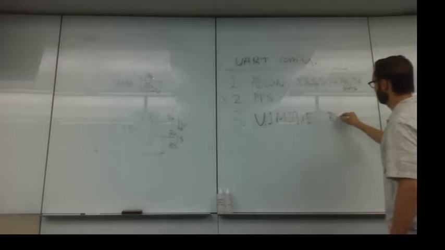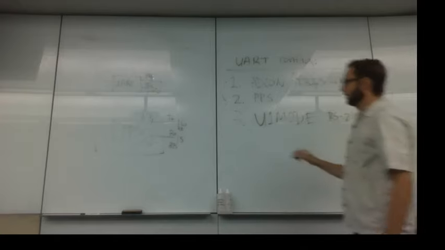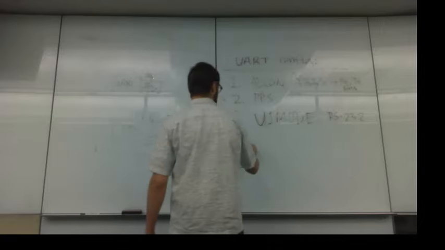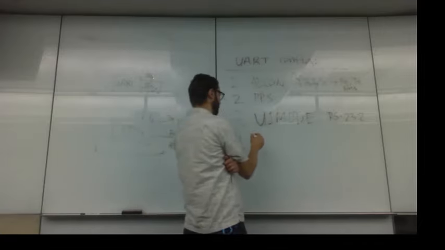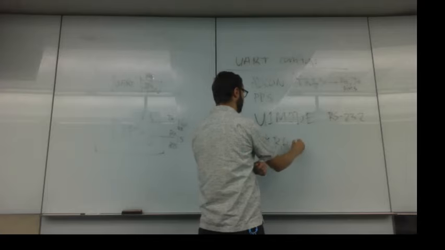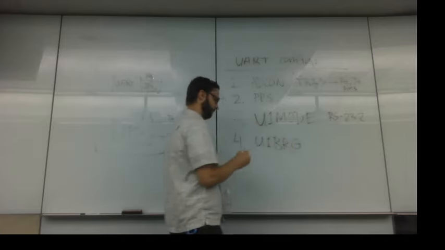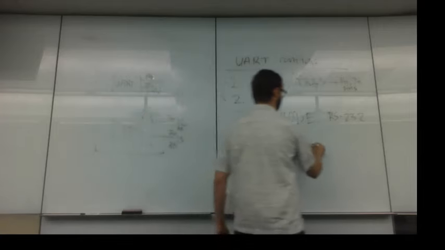So we set U1MODE to be for RS-232, basically. And then, let's see, then we want to do U1BRG. And that sets up the baud rate.